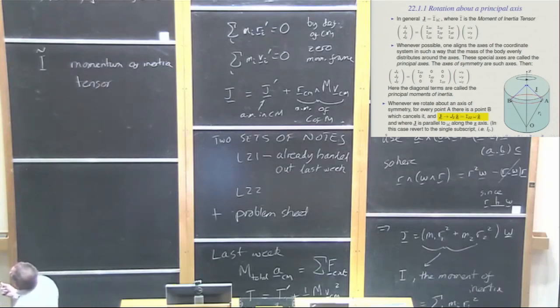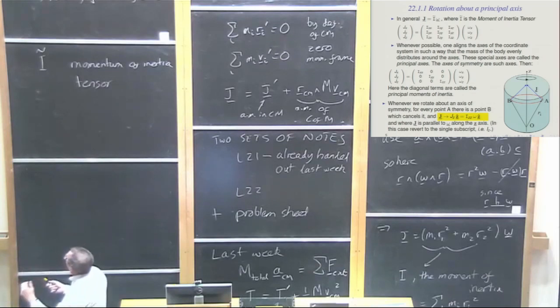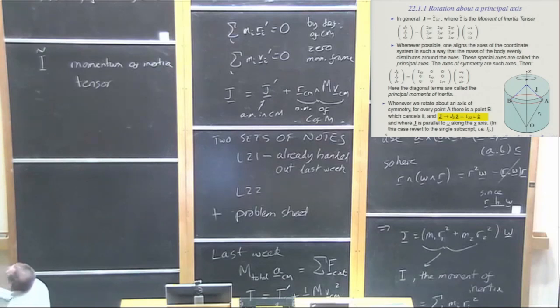Now it is possible, and this is something we're not going to prove, one of the wonderful phrases in physics, it is possible to choose a coordinate system such that the tensor matrix diagonalizes, okay? And the axes of that coordinate system are called the principal axes.